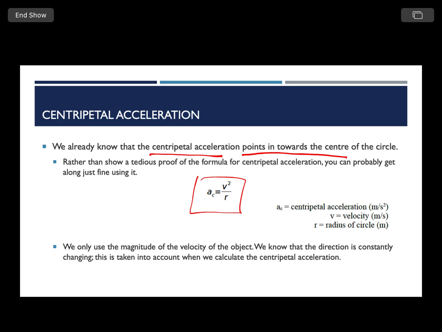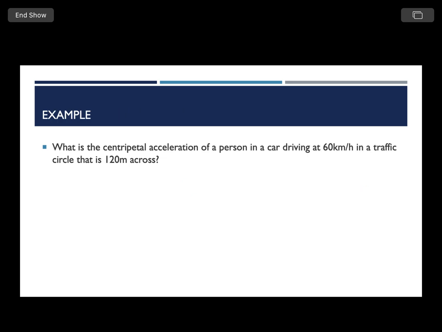And this is going to be my velocity squared over my radius. Now we only use the magnitude of the velocity because the direction is constantly changing. So we're using the speed. Okay. So let's do that. What is the centripetal acceleration of a person driving a car at 60 kilometers an hour?